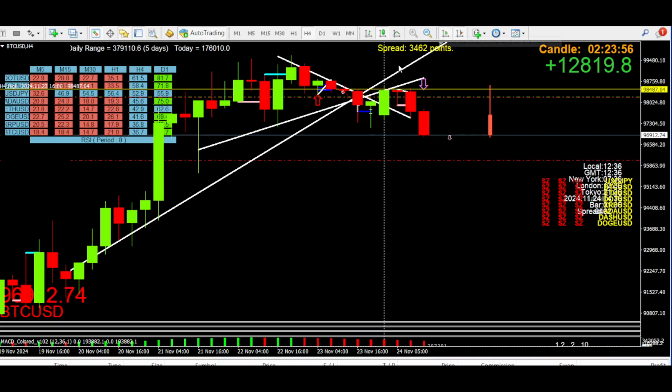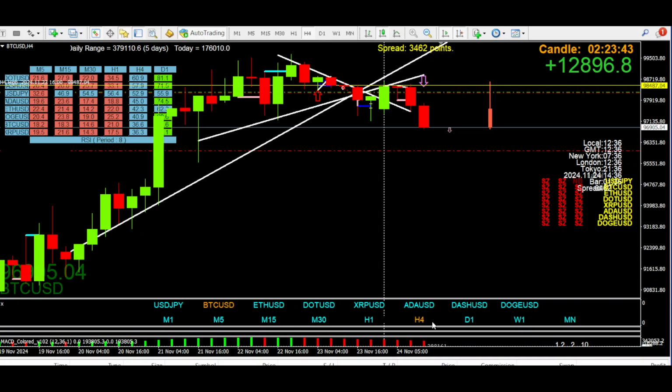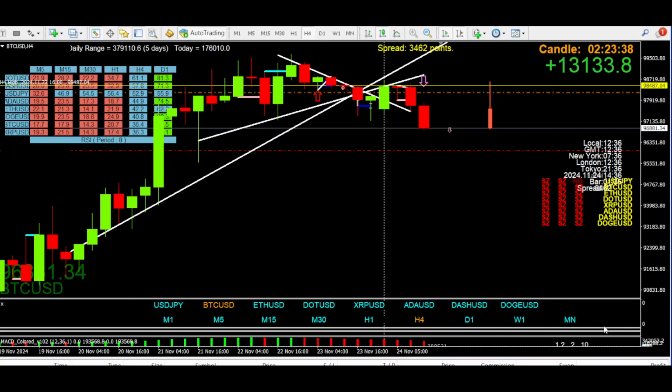So as you can see, H4 told me we should be going short, and I looked at D1, and D1 was a little bit divergent, I think, but I need to do that actually on the TMA, because it would have been taken into account in my analysis for the short trade.